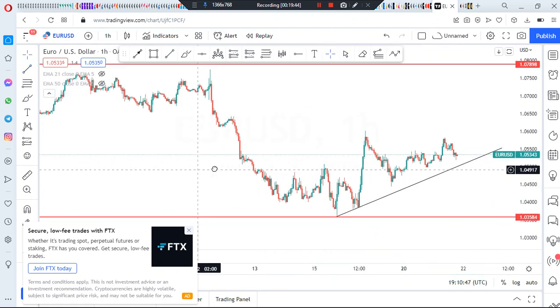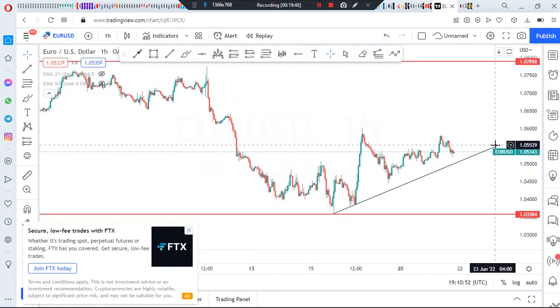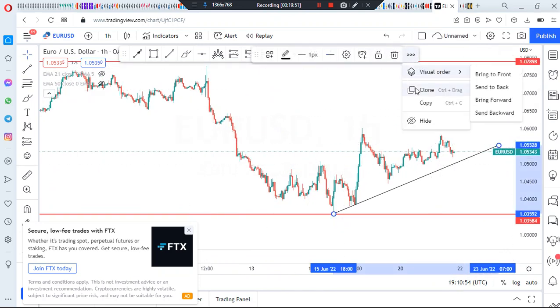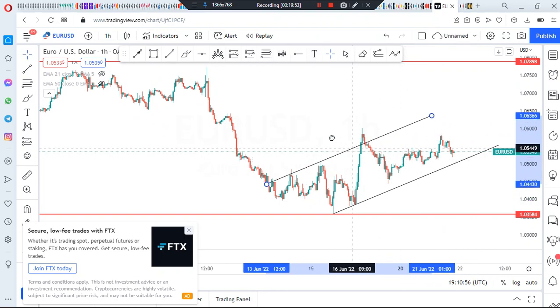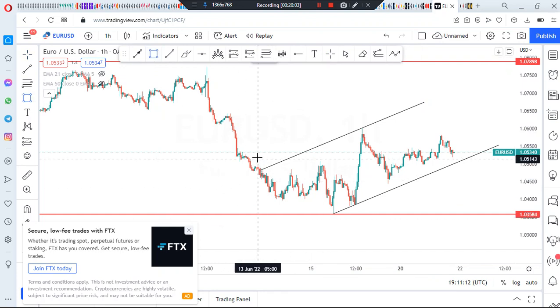Let me clone this line. Okay, so this is the trend that we have. This is an uptrend. So what are we looking for?